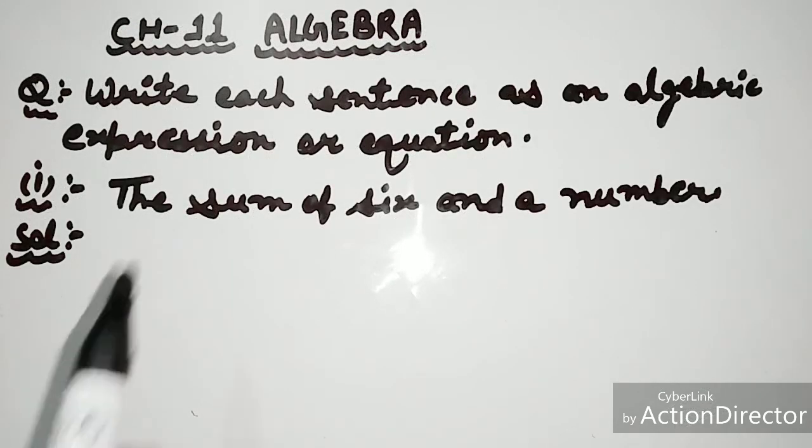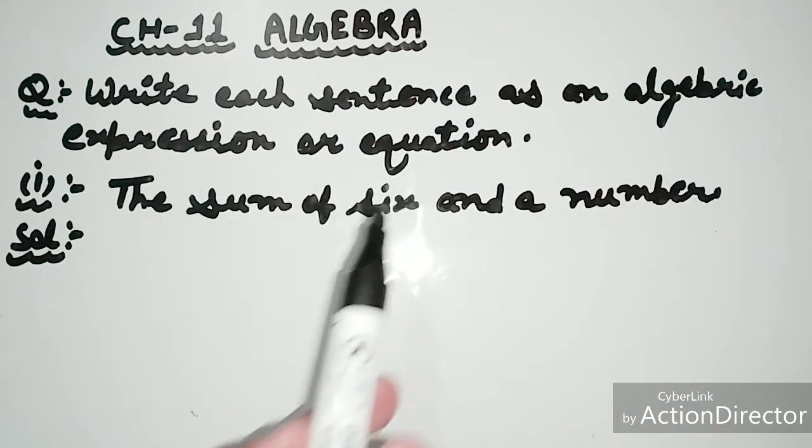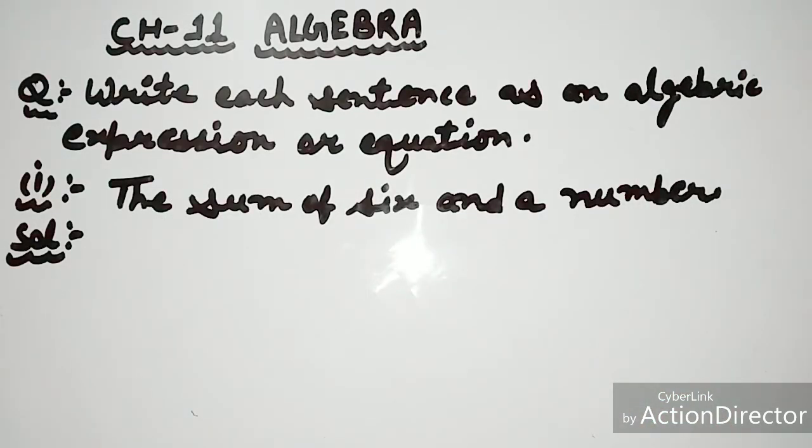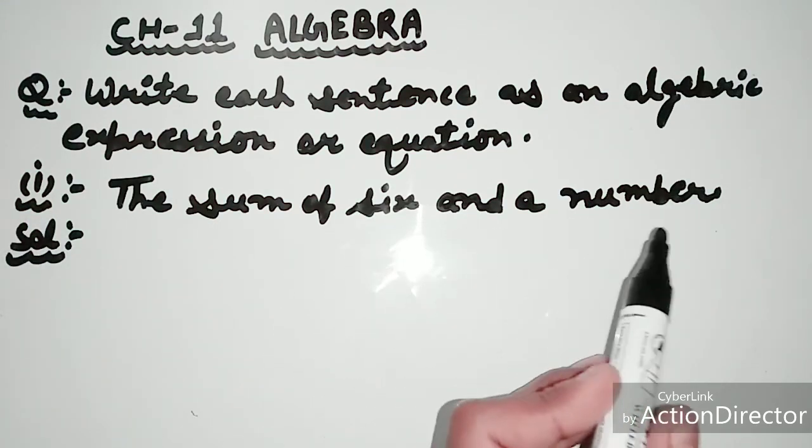The next question: write each sentence as an algebraic expression or equation. Here we learn how to make an algebraic expression or equation. The first example: the sum of 6 and a number.